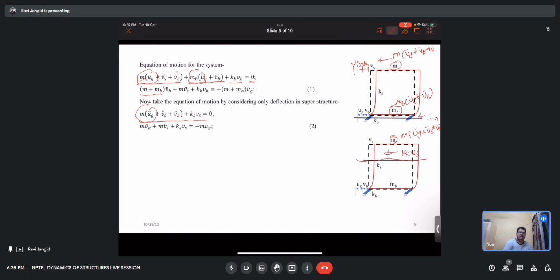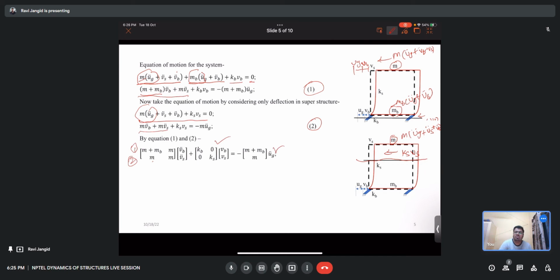Now if I combine equation 1 and equation 2 in matrix form, I can write the equation like this. This is my equation 1 in the first row, and the second row is the second equation. So this is M plus Mb, M, this term multiplies VB double dot and Vs double dot, and Kb VB and Ks Vs is this term, and that is the opposite term.